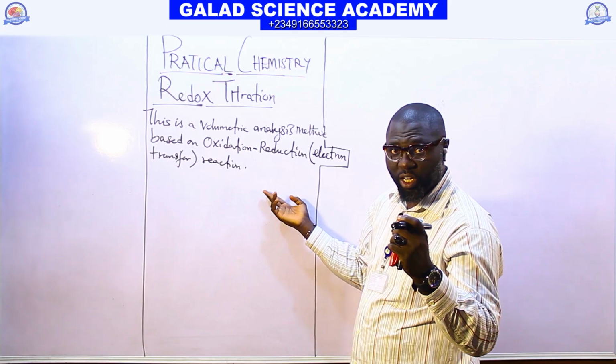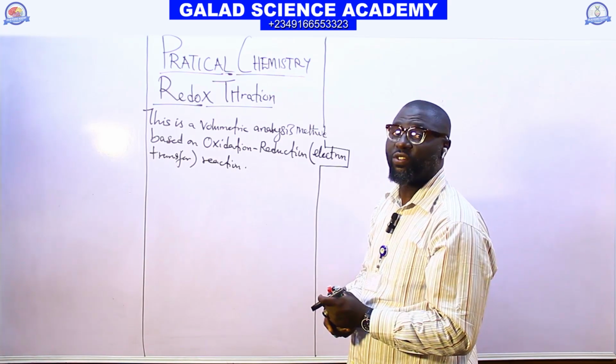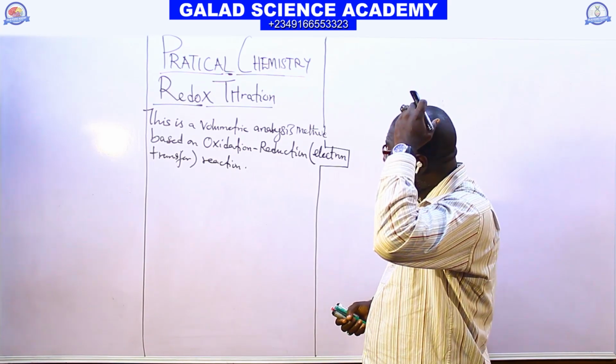What is the meaning of oxidation and reduction reaction? It involves the transfer of electrons.